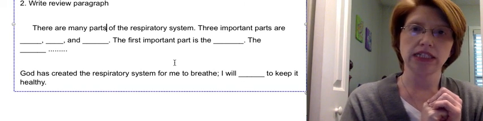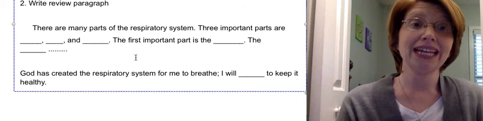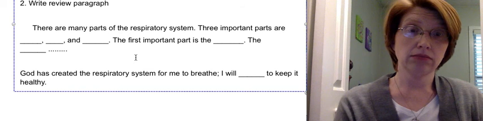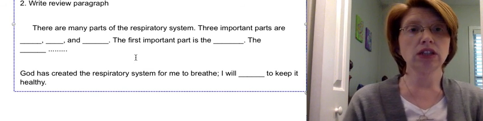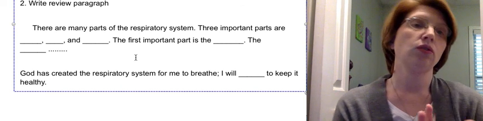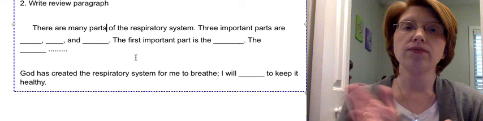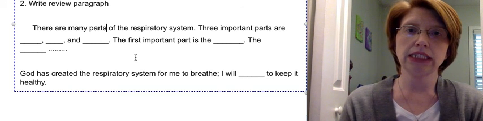That's not a sentence. So you need to say the first important part is the blank, okay? Or you can say first, the lungs are important, okay? Either way is okay, but you cannot say first, comma, lungs. That's not a complete sentence.